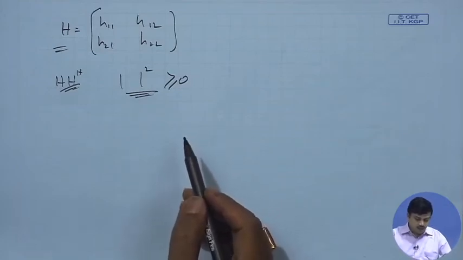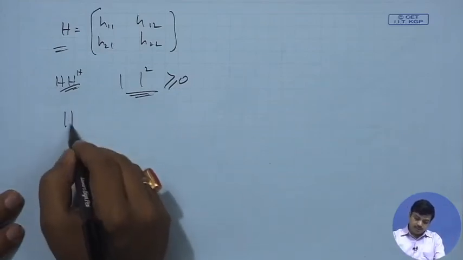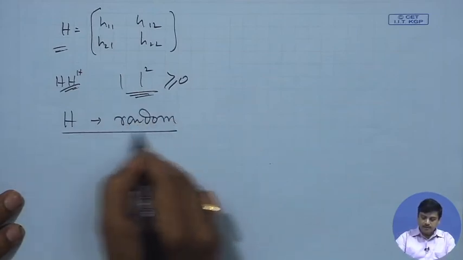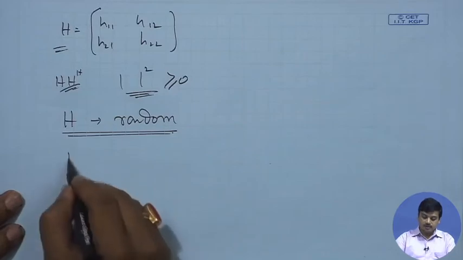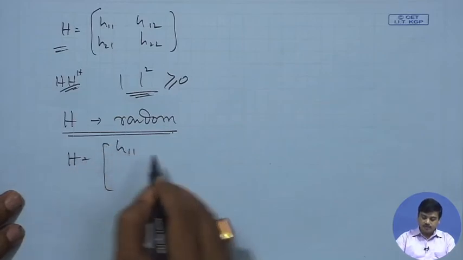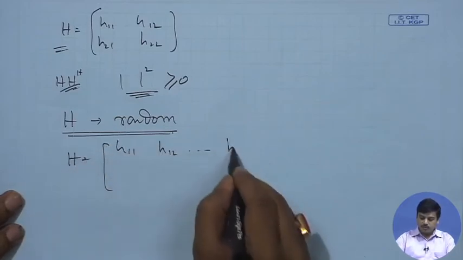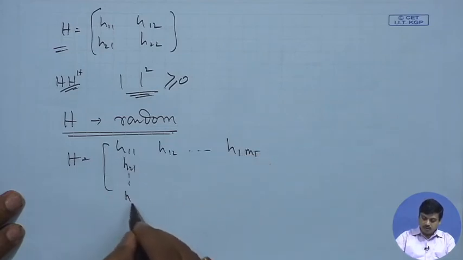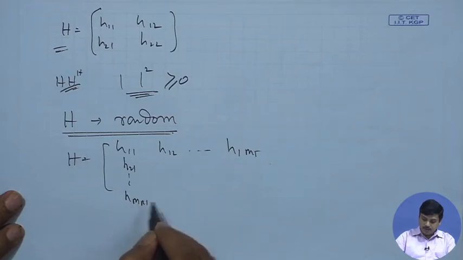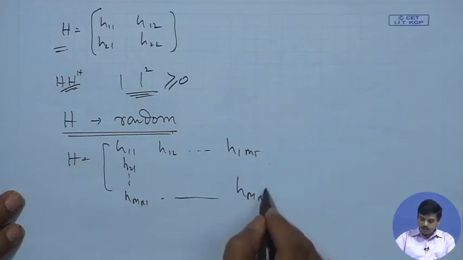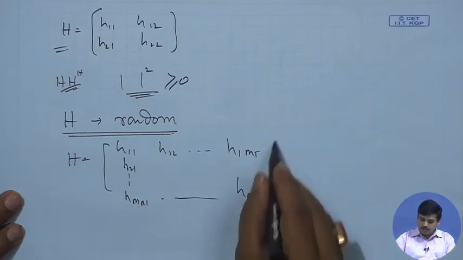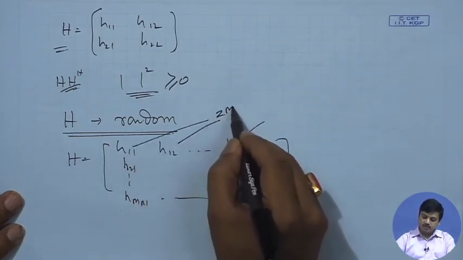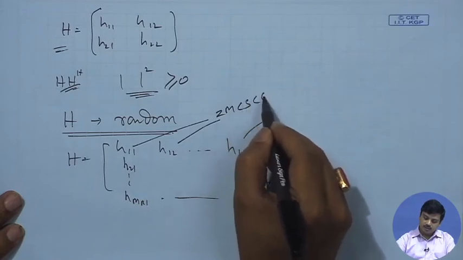One more thing to remember is that H is random, because H is made up of H11, H12 up to H1 MT, H21 up to HMR1 and HMR MT. Each of these are random. We said these are zero mean circularly symmetric complex Gaussian.